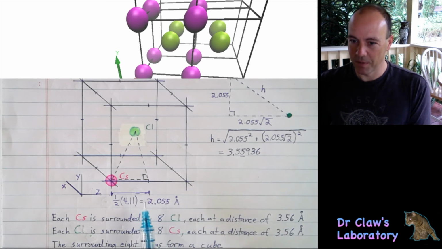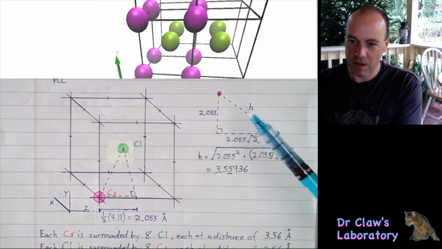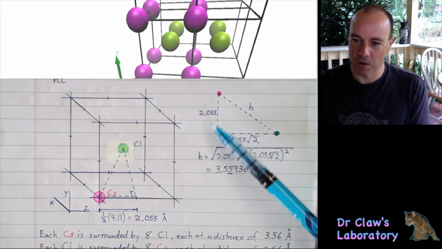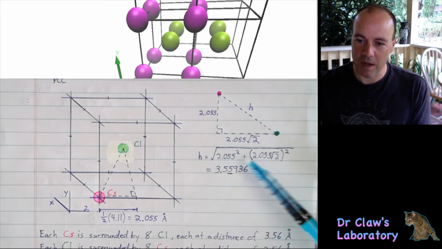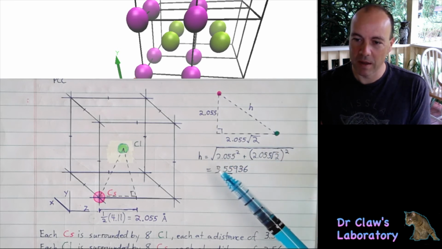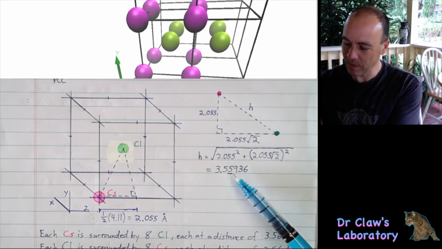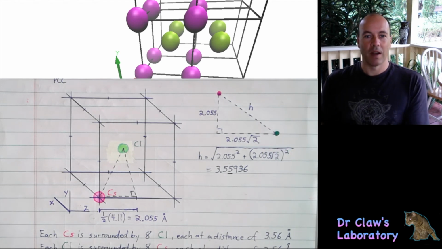So to solve for the hypotenuse, I've redrawn that triangle right there. Okay, you have the cesium and the chloride. So here's the short edge, here's the medium edge, and then the hypotenuse is the long edge. You solve for the hypotenuse, the square root of all that equals 3.56 angstroms. You would round it right there. So there you go. That's the distance between those ions.